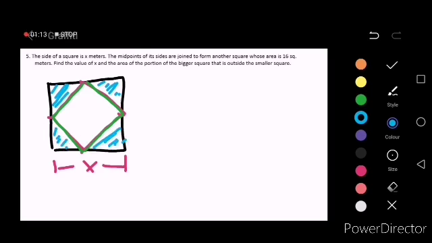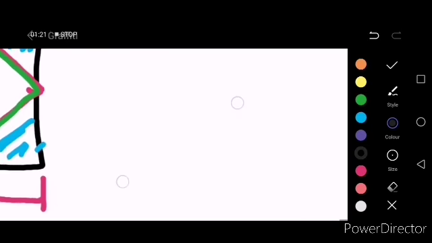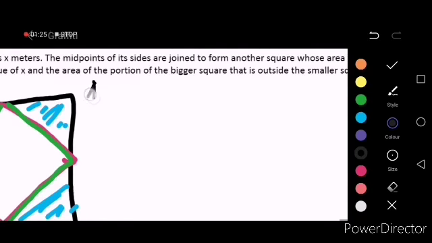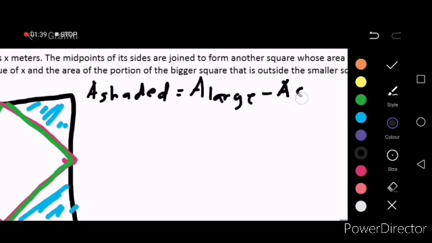Yan. Okay? Kaso, ang problema, mga kapatid, paano natin hahanapin yung shaded region na yan? Well, madali sana yan kung alam natin yung area ng bigger or large square. So, mahahanap natin yan if alam natin yung area ng large na square. Tama? Kasi ima-minus lang natin dun yung area ng small.